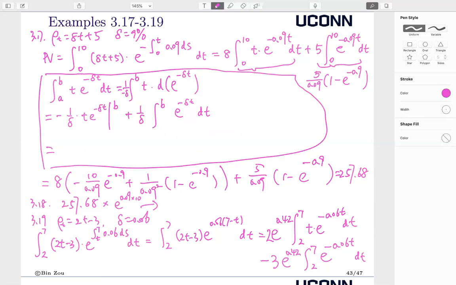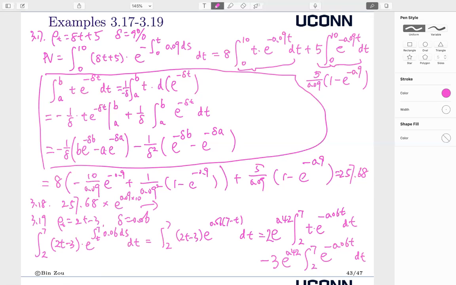From A to B, we plug in A and B. Then I can take the entire negative thing out: B times exponential of negative delta B minus A times exponential of negative delta A, and then negative 1 over delta squared times exponential of negative delta B minus exponential of negative delta A. If you want, you can switch the negative sign and put this as positive.